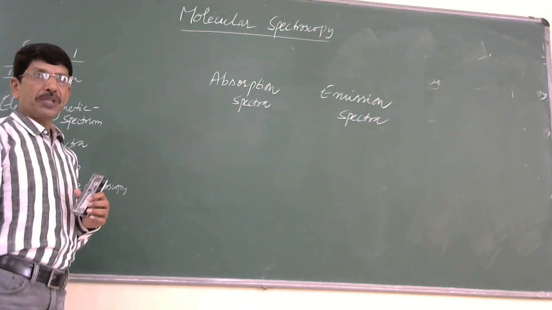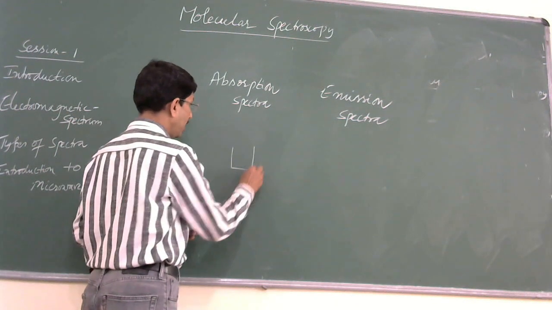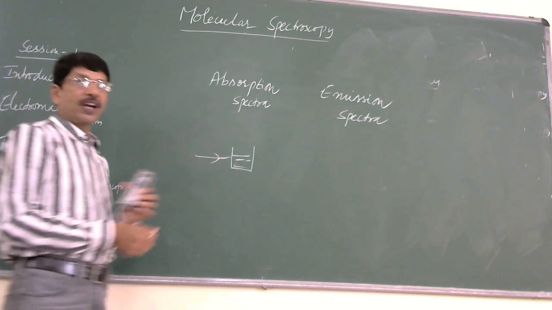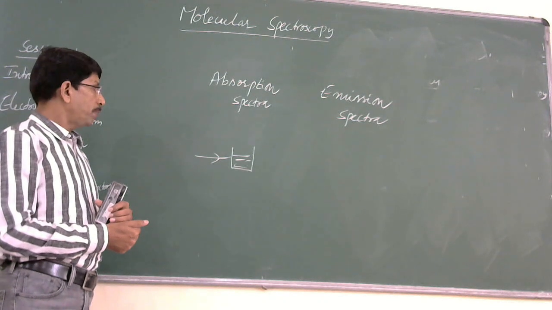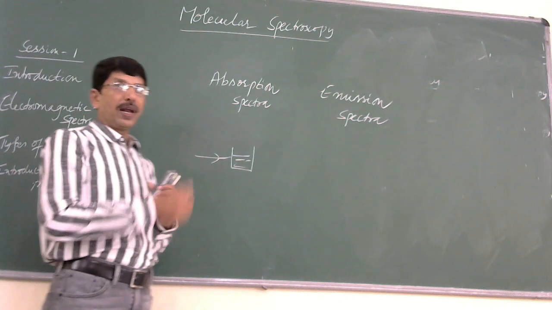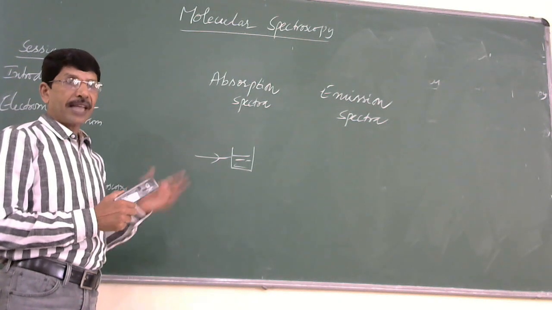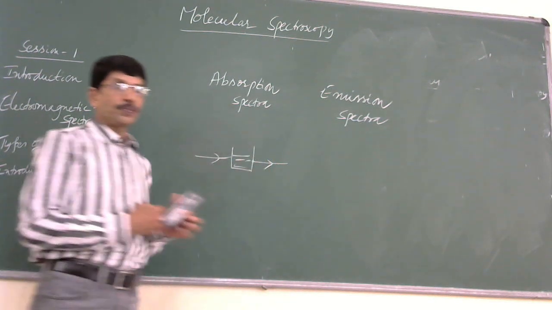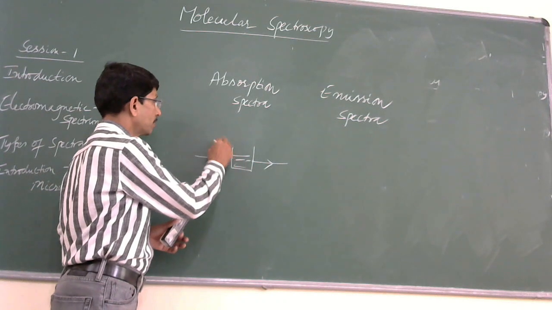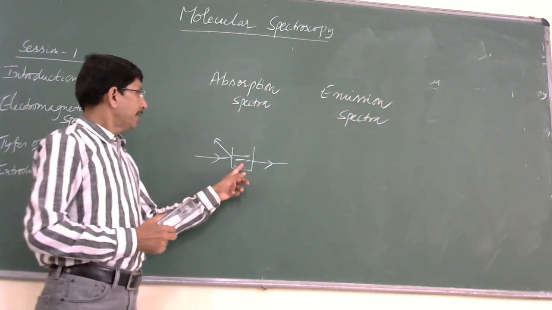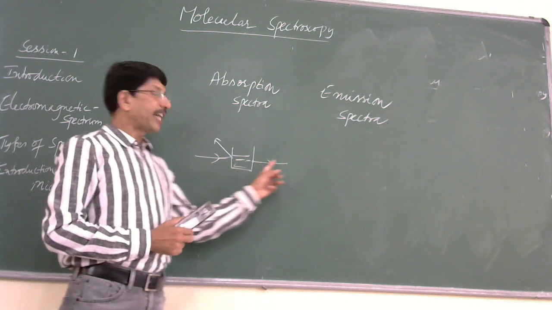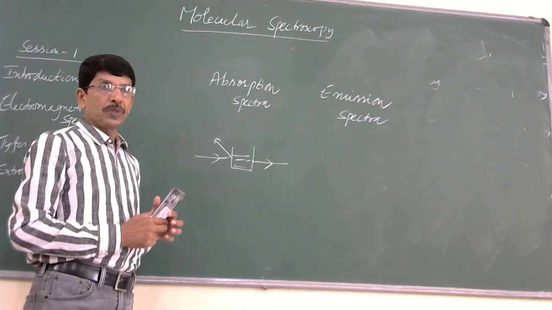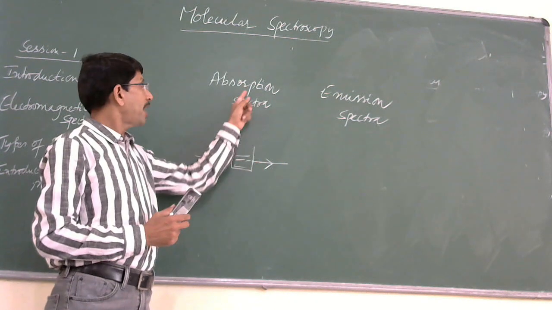So what is this absorption spectrum? Whenever we allow radiation to pass through a sample, it could be a solution, a liquid or a solid, a beam of radiation falls on the sample. A fraction of the light may be scattered, a fraction of the light may be absorbed, and the remainder will be transmitted. If we analyze this transmitted light, then the spectrum obtained is called the absorption spectrum.